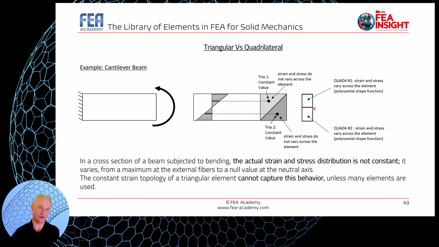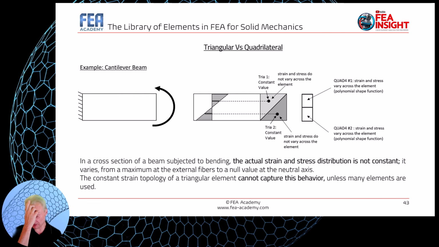On the other hand, with quad elements, the strain and the stress vary across the element following a polynomial shape function. It's no more a constant strain element. So the constant strain topology of a triangular element cannot capture this behavior unless many elements are used.